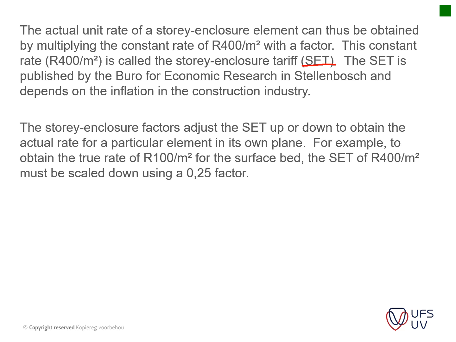Okay, the story enclosure factors adjust the tariff up or down to obtain the actual rate for the particular element in its own plane. For example, to obtain the true rate of 100 Rand per square meter for the surface bed, a factor of 0.25 is used and times with the tariff, which was given as 400 Rand per square meter.